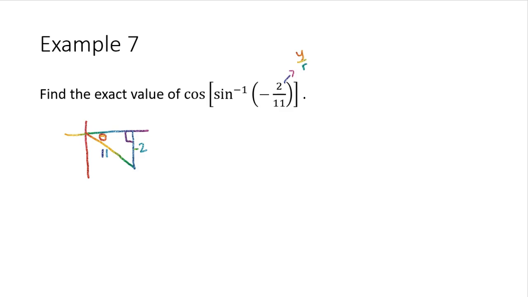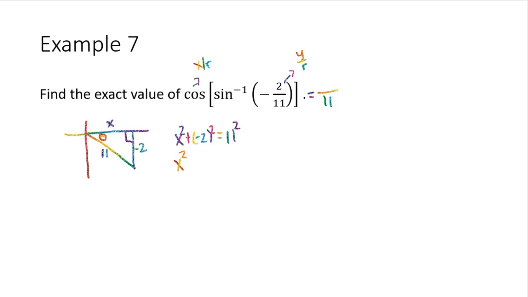Now the cosine, this part right here, is x divided by r. That means we at least know this is going to be divided by 11, because we already knew what the r value was. But we don't have this one right here. So let's use the Pythagorean theorem, and we'll do a squared plus b squared equals c squared.